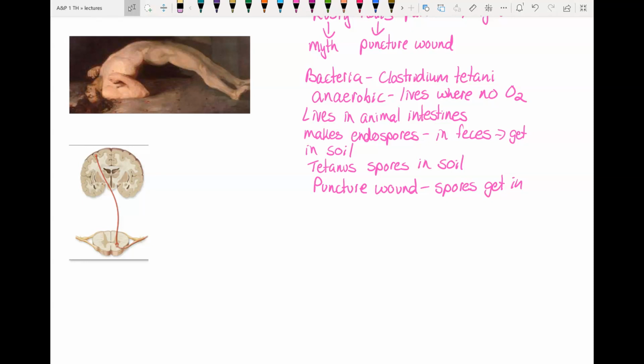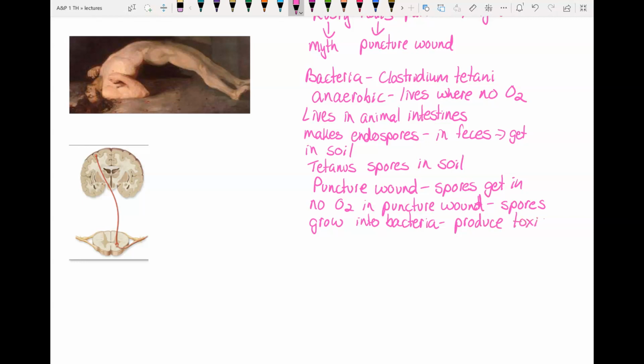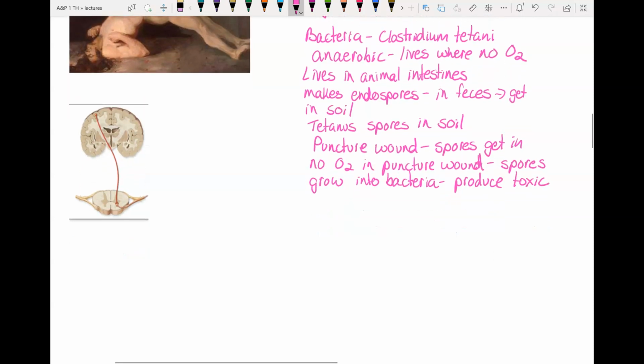But in a puncture wound, there's no oxygen. And so those spores start to grow into bacteria. And these bacteria produce a toxin. And this toxin goes into your spine and goes to the anterior horn where your motor neurons communicate.